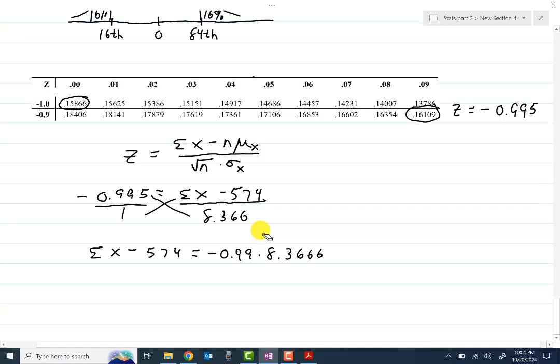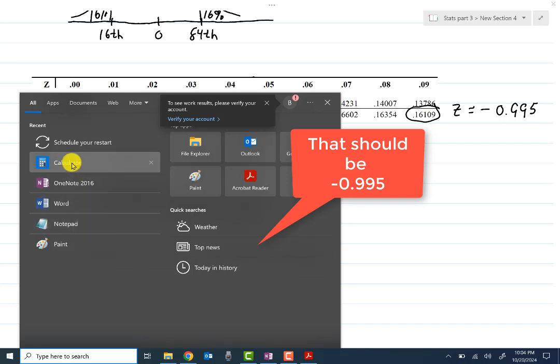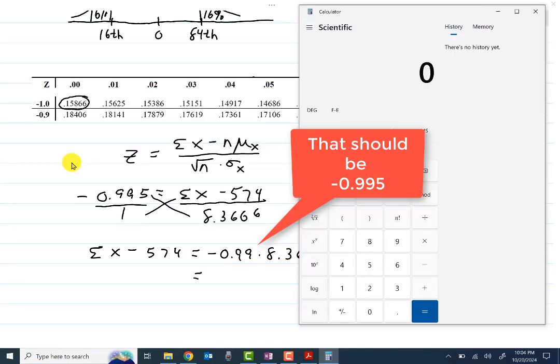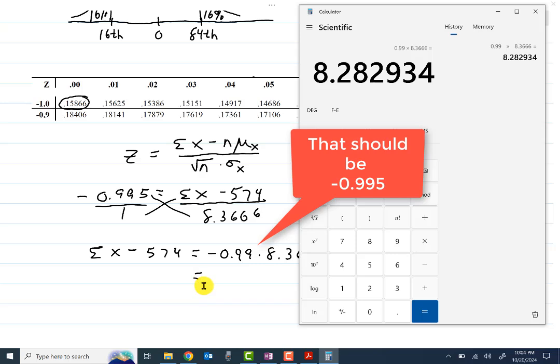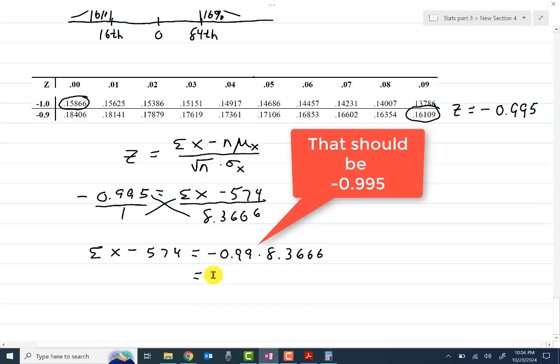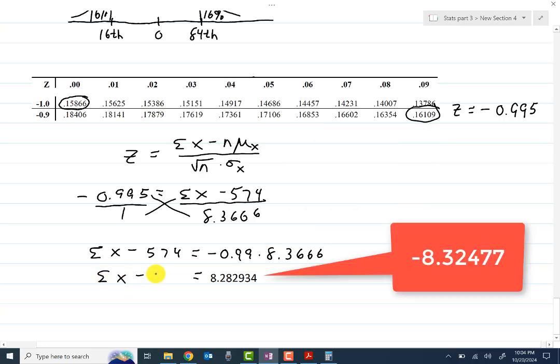For some reason I copied that down as a 5 instead of a 6. And then add 574 to finish it off.